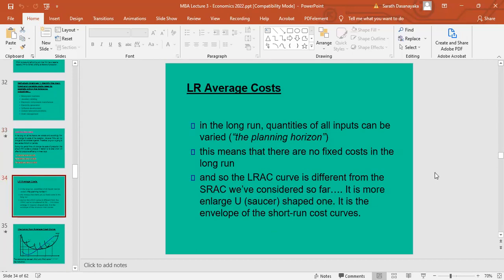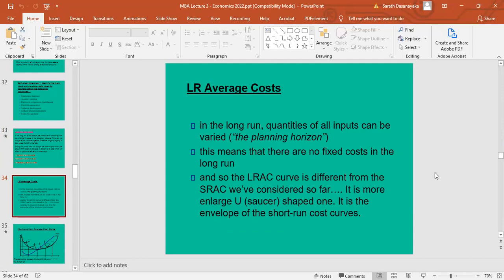Then you can see the long run average cost curve. In the long run, quantities of all inputs can be varied. That means nothing is fixed. Everything is variable except the technology. This means that there are no fixed costs in the long run. And so the long run average cost curve is different from the short run average cost curve we have considered so far. It is more of an enlarged, U-shaped one.